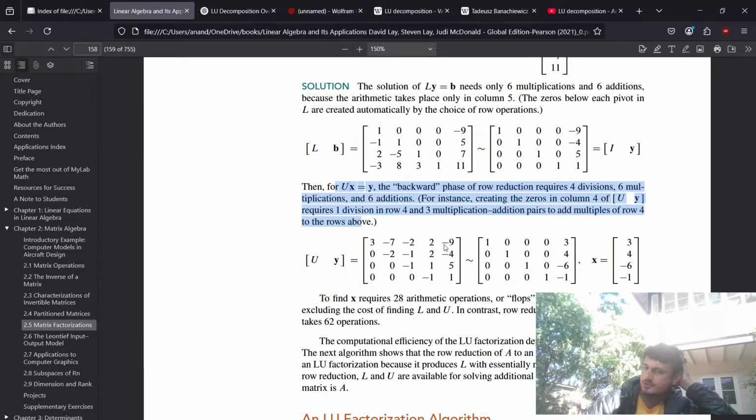So you start with UY, because U times X is equal to Y. So we want to solve U, Y, and row reduce to I, X. Okay. That sort of makes sense.